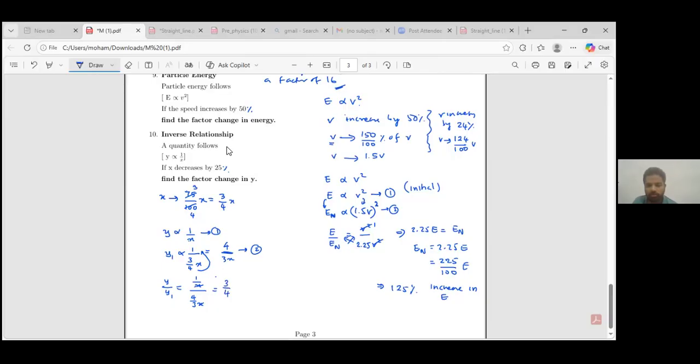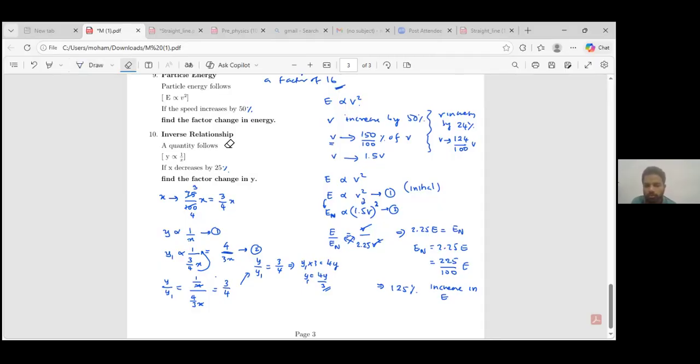So y over y1 is 3 over 4. We'll take y1 to the other side. So y1 times 3 equals 4y. So y1 equals 4y over 3. That's the new value of y. So y1 is 4 over 3y.